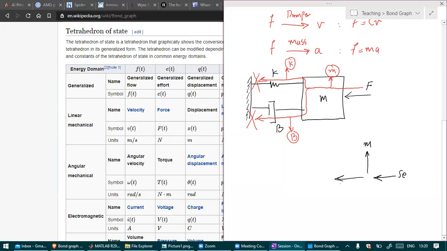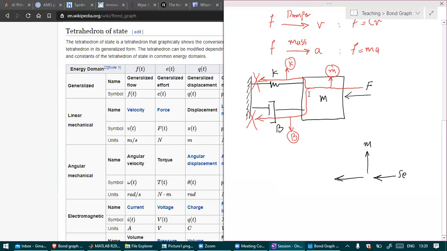Okay, when we reach an element, for example, here we've reached the mass, we need to ask ourselves what remains constant through this element on both sides of this element. So we know that we are talking about flow and effort, basically velocity and force.